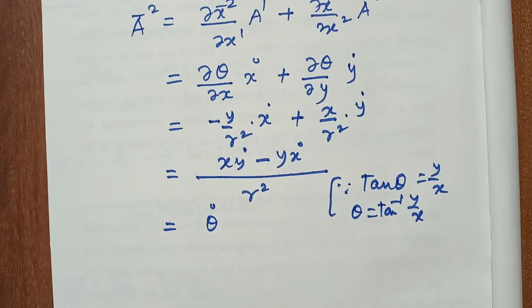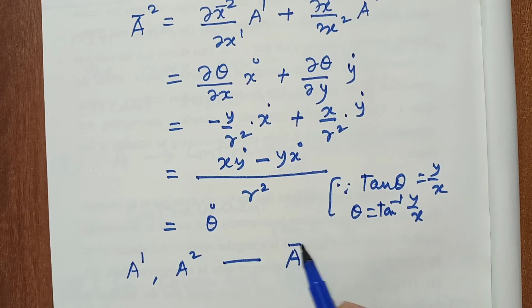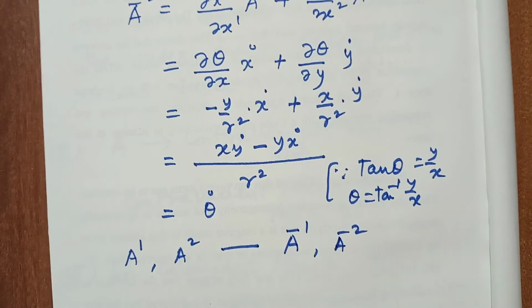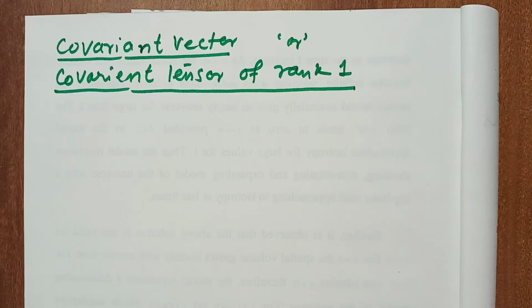So here given that a1 and a2 are given, we calculate, very simple example, a bar 1 and a bar 2. Okay, so we have been given a1 and a2, meaning x dot and y dot, so we have calculated a bar 1 and a bar 2. Okay, and this is the answer.